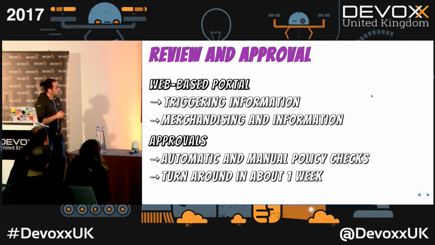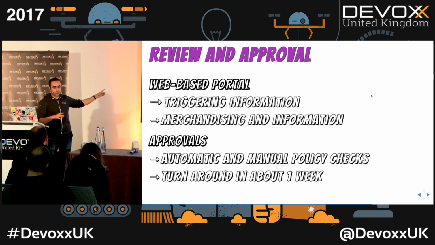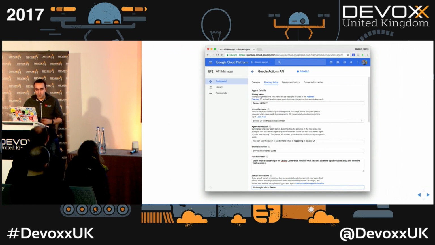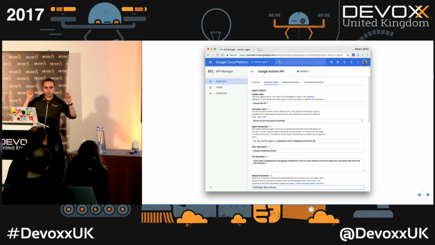After that, you really need to go through the approval process. It basically happens on the website also. You need to provide a couple of pieces of information about your action: the audience, the description, and the hot word, the trigger word.